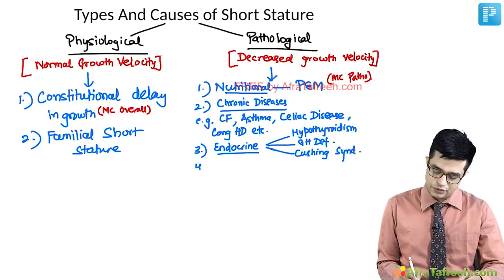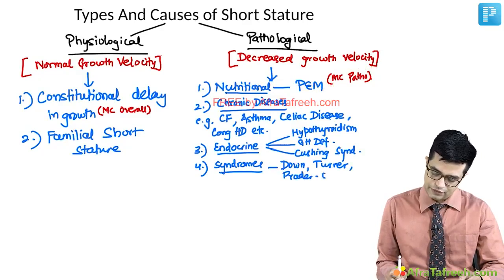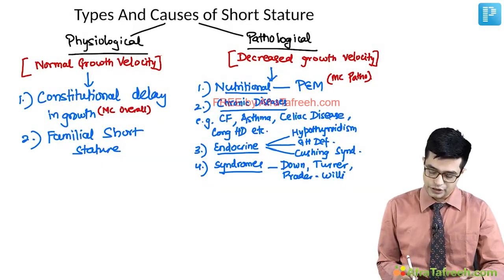Then it can occur due to syndromes, common syndromes like Down syndrome, Turner syndrome, Prader-Willi syndrome have been found to be associated with short stature, pathological short stature in children.